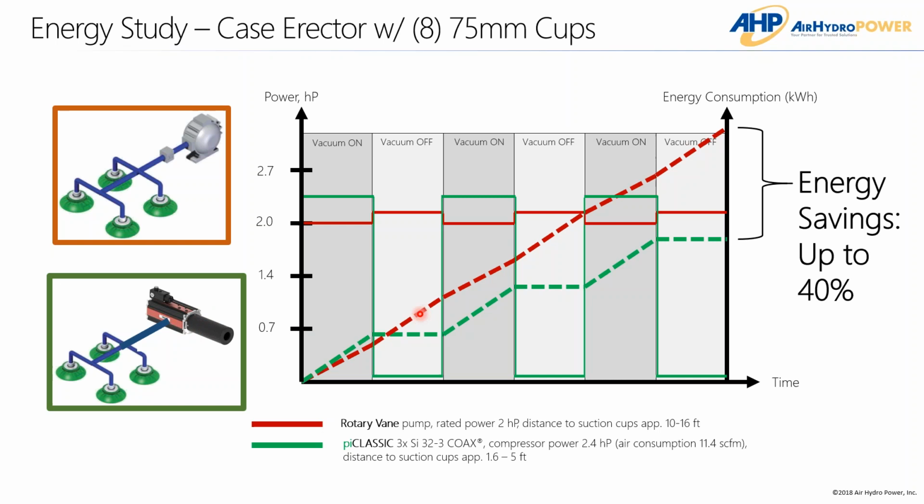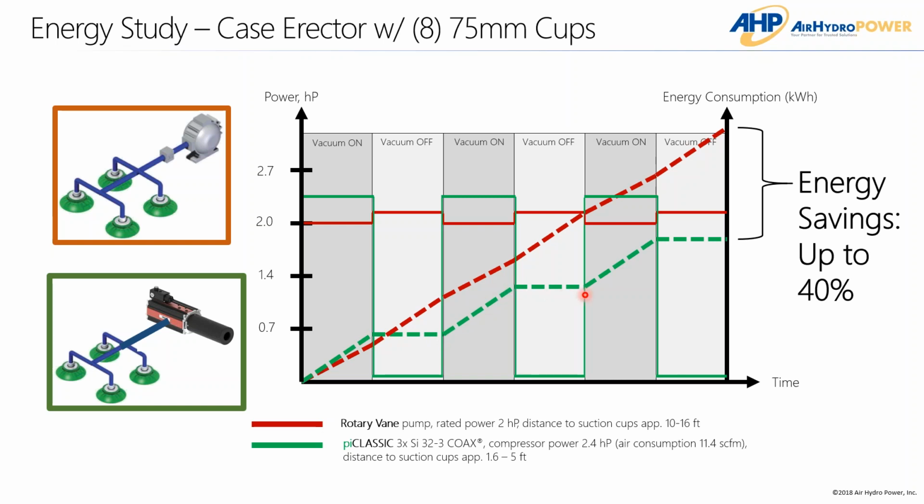And so that's what you're seeing in this chart. The red line is your mechanical pump, where you aren't able to turn it off, so it's just running the whole time, and this line is showing you your energy consumption over time. And then this green line is showing you how, all right, I need the vacuum on, now I can shut it off.